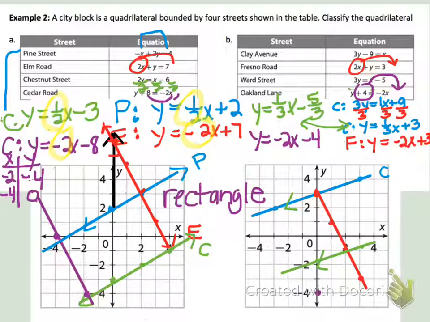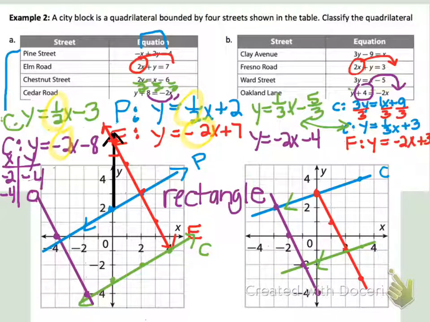So instead, you could also go up 2 and left 1, up 2 and left 1, which would put me right there. Connect those, and there you go.